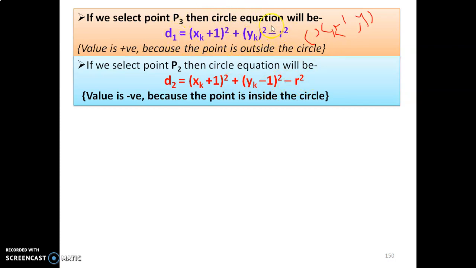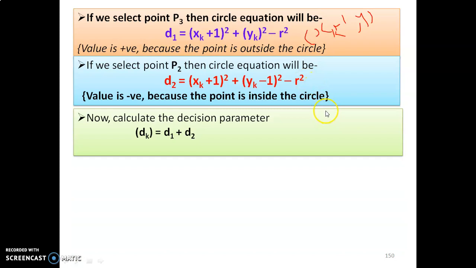When you observe these equations, D1 is always a positive value, because the pixel P3 falls outside the circle, so its value is greater than the radius of the circle. And D2 is always a negative value, because this pixel always falls inside the circle boundary, and the radius of the circle is always greater than these x and y coordinates, so minus r square makes it always a negative value.